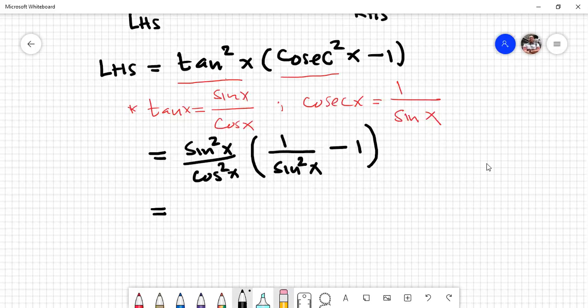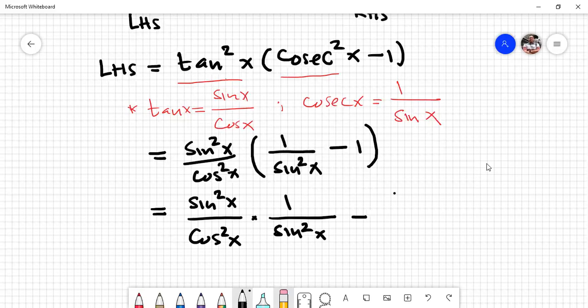So what we have is sine square x out of cosine square x times 1 out of sine square x, minus sine square x out of cosine square x. And as you see here, we can cancel this, because it gives you 1.